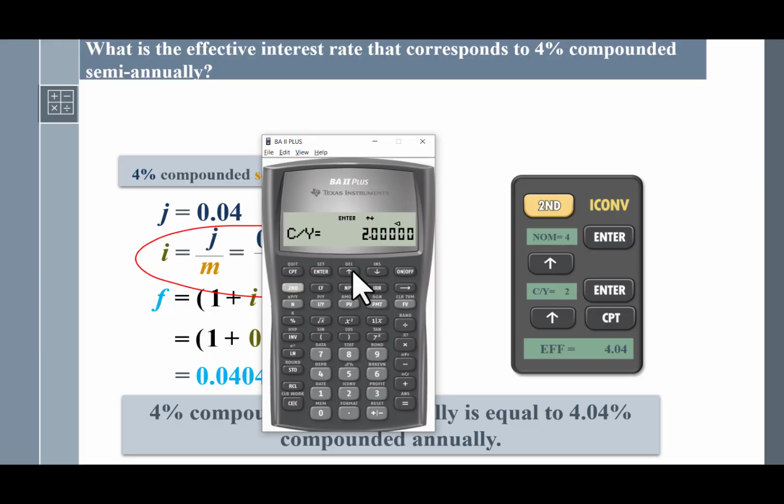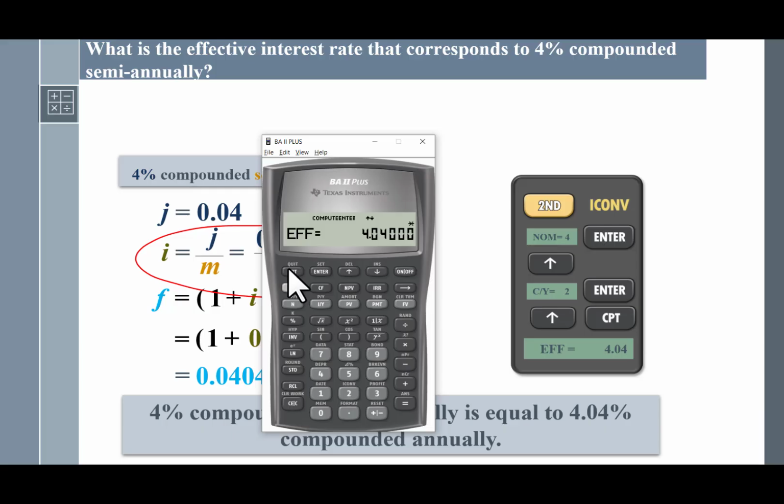Now we go to the effective, either press the up button once or the down button twice, and we're going to press CPT over here. And the minute I do that, it gives me the effective interest rate. So this is a straightforward procedure. Enter the nominal, enter CY, enter the effective.